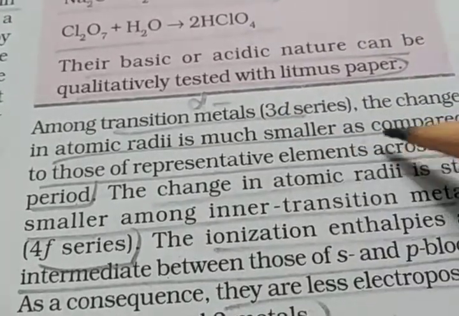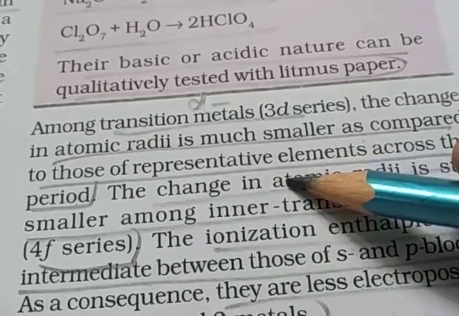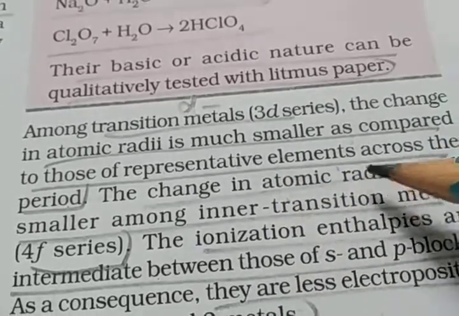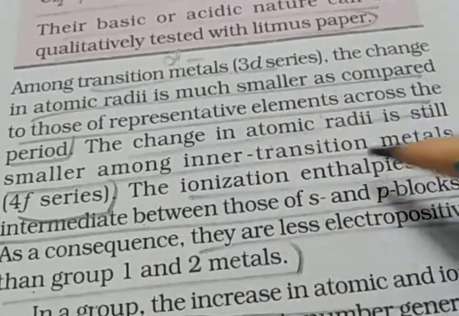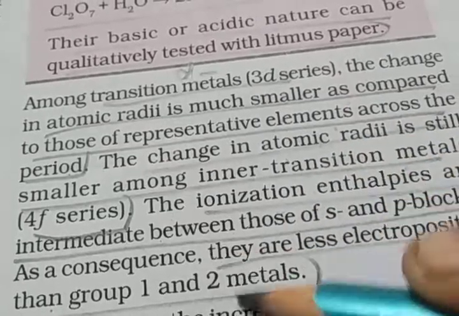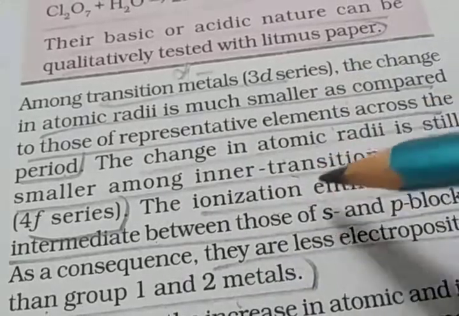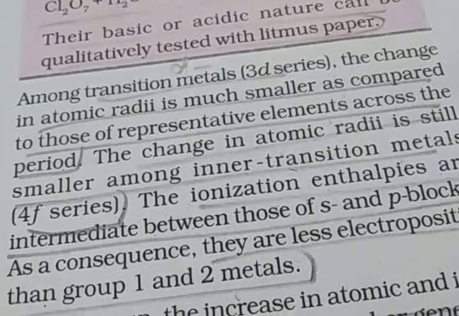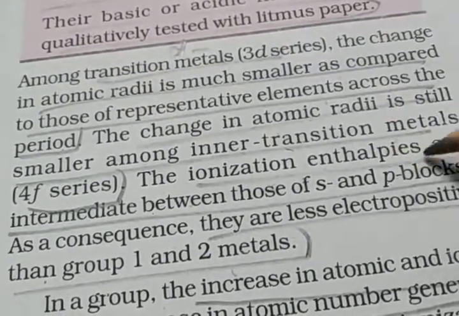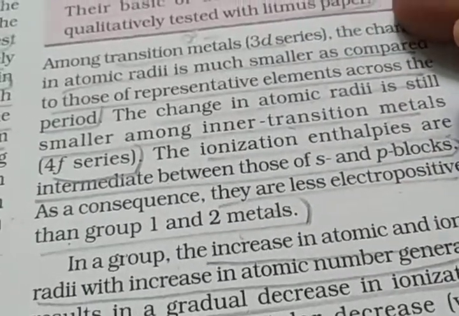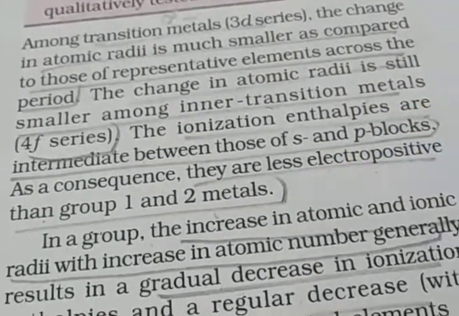Among the 3d series of transition metals, the change in atomic radii is much smaller in comparison to representative elements across the period, and the change is still smaller among the inner transition metals, the 4f series, and then the 5f series, lanthanoids and actinoids. Ionization enthalpies are intermediate between those of s- and p-block, and they are less electropositive than group 1 and 2 metals.